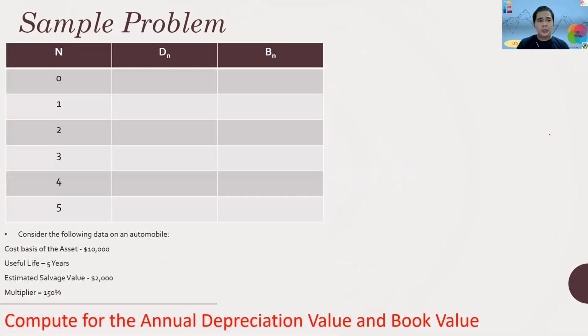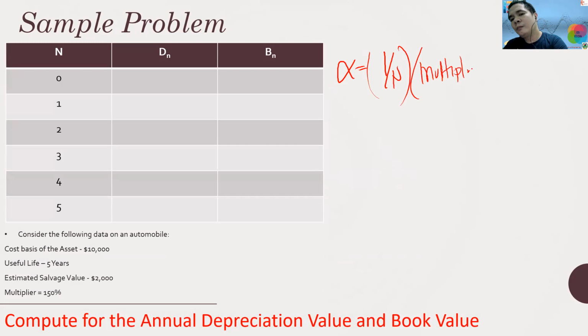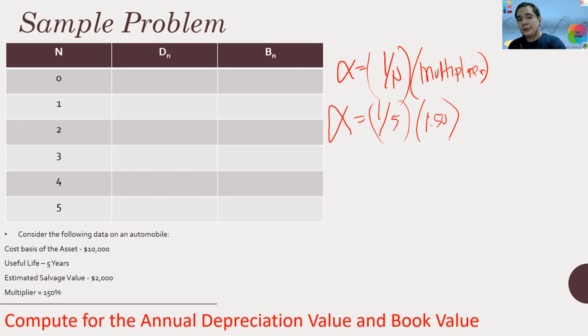So we should first get your alpha. By formula, alpha is equal to 1 over n multiplied by the multiplier. Therefore, 1 over 5 years multiplied by 1.5 or 150%.